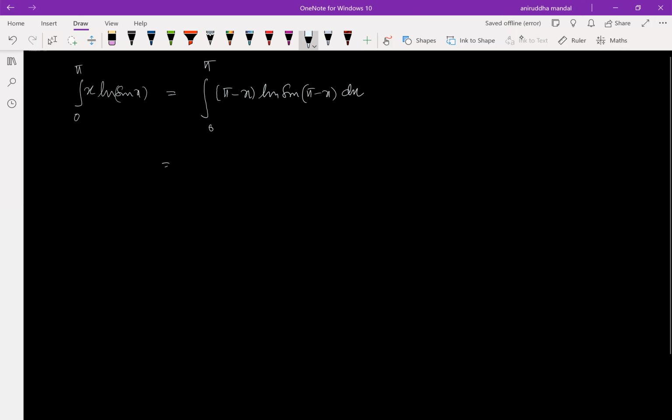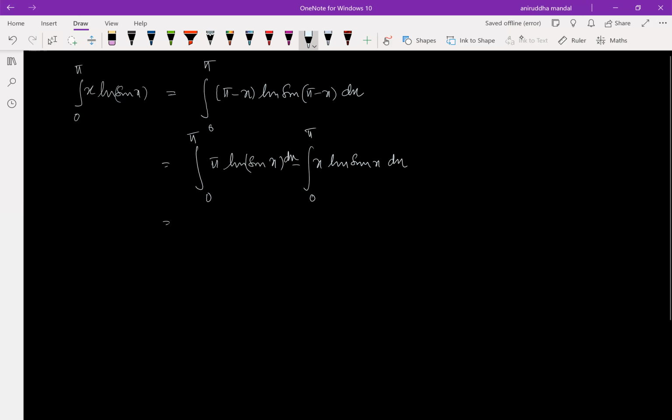Okay, so if we bifurcate this into two integrals, this is pi ln of sine x minus x ln sine x, integration 0 to pi.